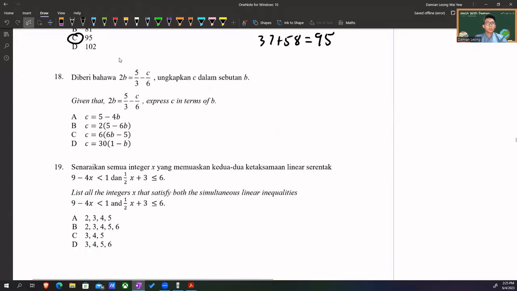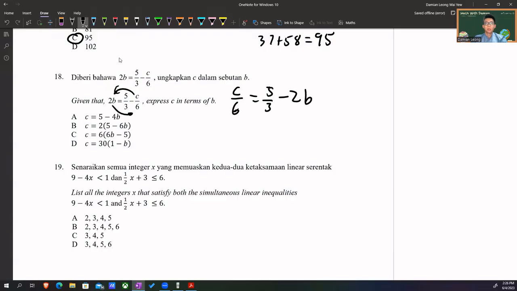And question 18, 2b equals 5 over 3 minus c over 6. Express c in terms of b. So I need to rearrange this. It's better to keep the c term positive actually. So I can bring this over. Minus becomes positive. Bring over the 2b. Positive becomes minus.